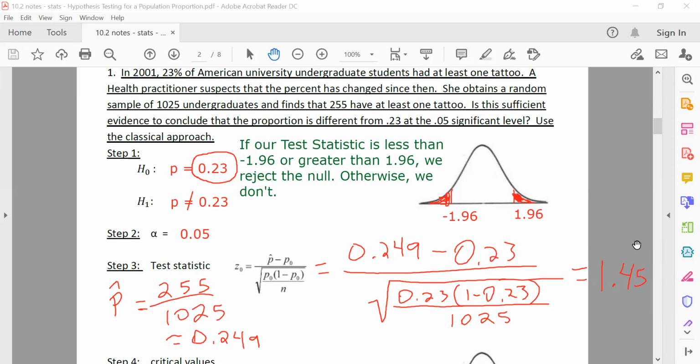Otherwise, we don't. So we are not rejecting the null. We only reject the null hypothesis if the test statistic turned out to be quite extreme, very far from zero, but it wasn't here. It was well within these two values. This is called the fail to reject region.